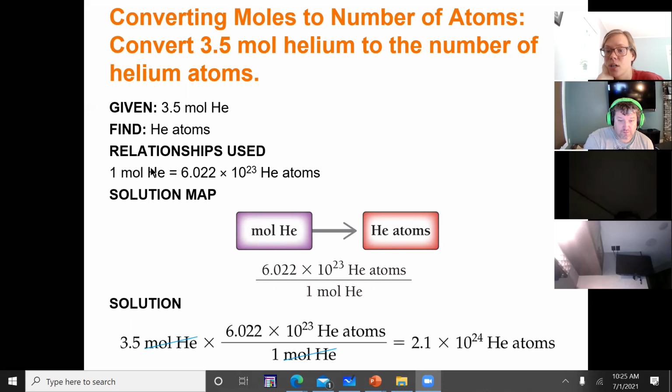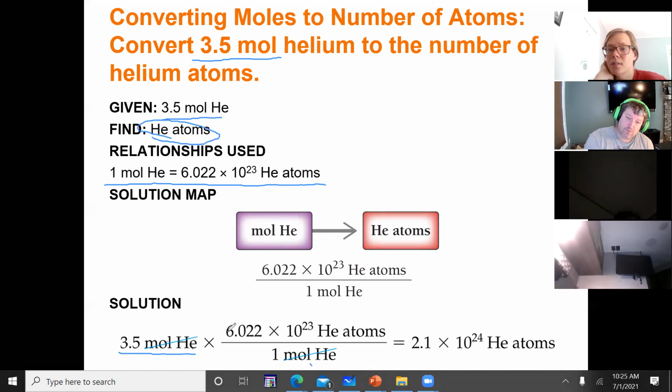That is the relationship. So we're going to set it up in dimensional analysis with our given information to begin with, which is the 3.5 moles of helium. That's coming right here. We use our relationship and set it up in such a way that the mole will cancel, right? I want to get rid of the mole and move into helium atoms.